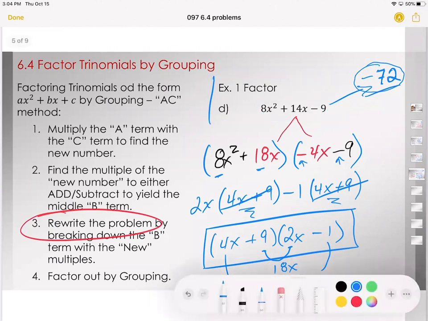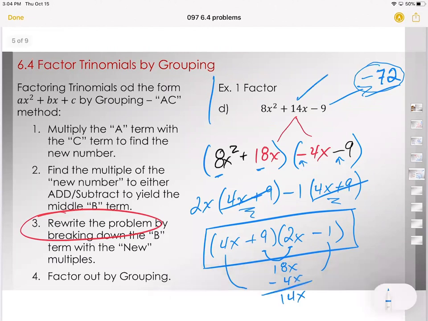And to test the other numbers, we know that 4 times 2 is 8, and 9 times negative 1 is negative 9. So we don't need to multiply the first one, and we don't need to multiply the second one.